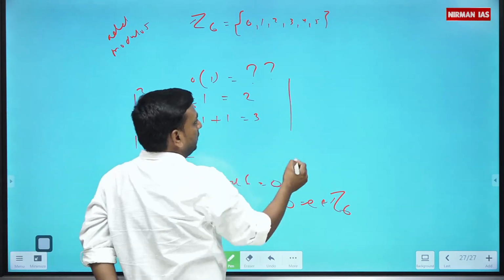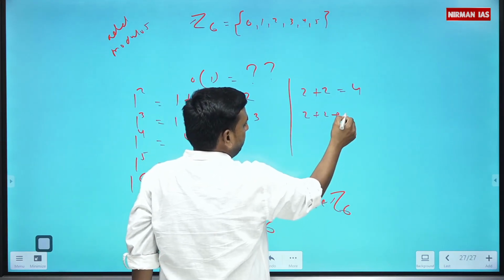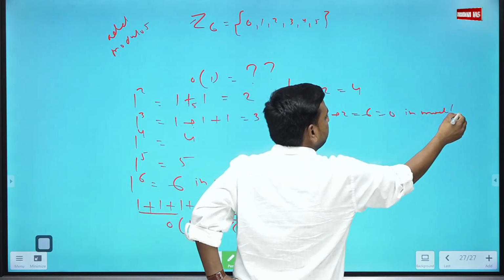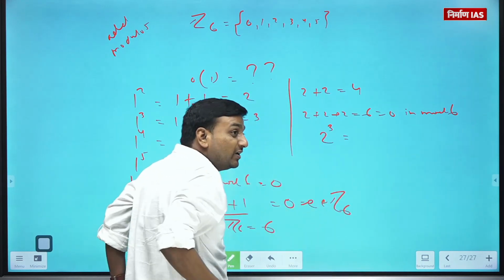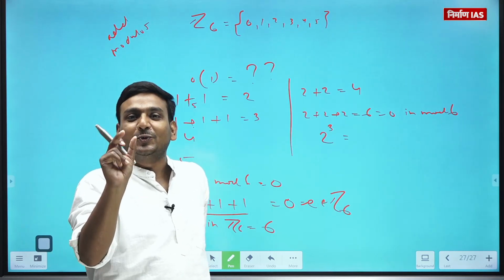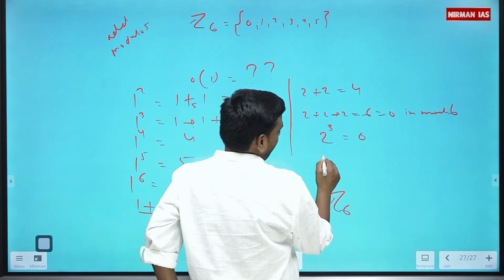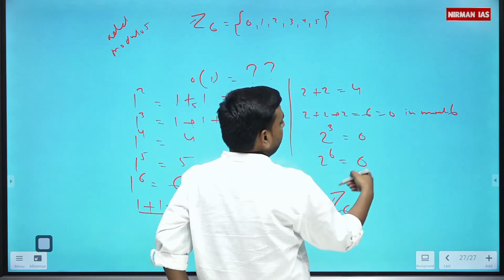Similarly, you can check for 2. Let's say 2 composition 2 is 4. 2 composition 2 composition 2 is 6, and this is going to be 6 in modulo 6, which is 0. So we say 2 cube, which doesn't mean 2 into 2 into 2, but means composition of 2 three times, is going to be 0. Similarly, you can have 2 raised to power 6, that means 6 times composition, and again you will get 0.